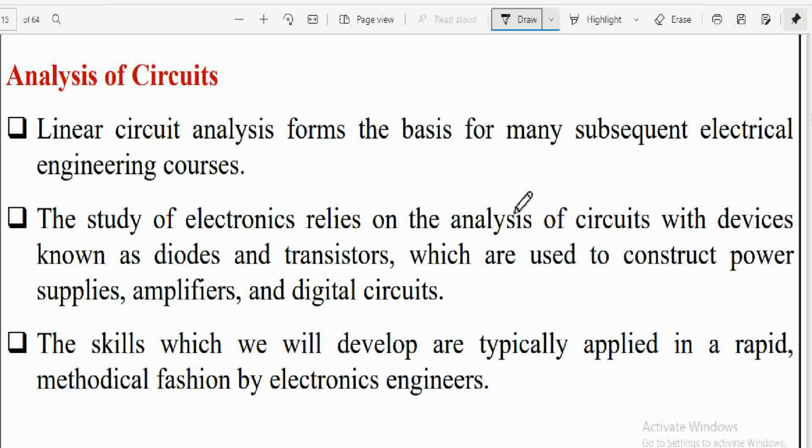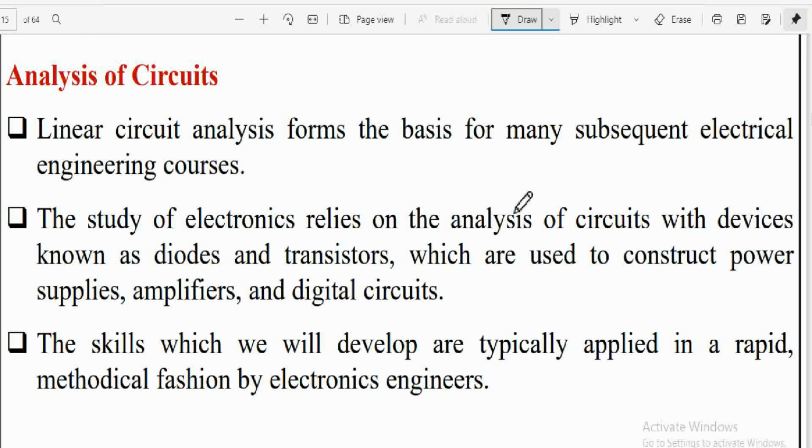The linear circuit analysis forms a basis for many subsequent electrical engineering circuits. A circuit may be a simple circuit or a complex circuit. A complex circuit also contains some individual simple circuits. If you analyze those individual simple circuits, that becomes the analysis of your complex circuit.